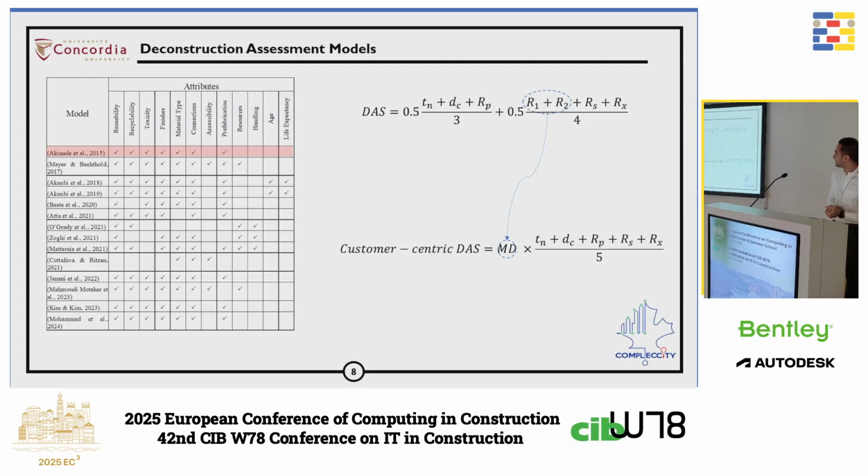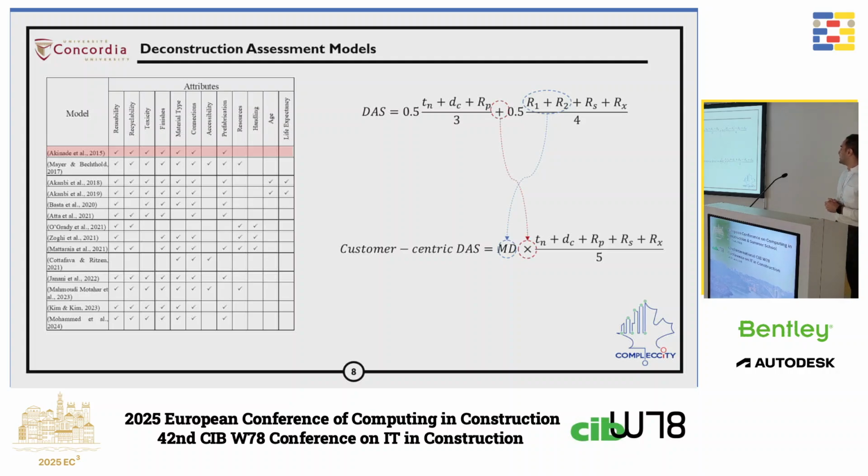Why we did this? There was no point to give credit for the same component that can be reused and recycling. We do understand that, yes, if the component or the material can be reused or recycled, that's a good thing, but at the end of the day, it will be reused or recycled. So we bundled the 2 concepts as a market demand.